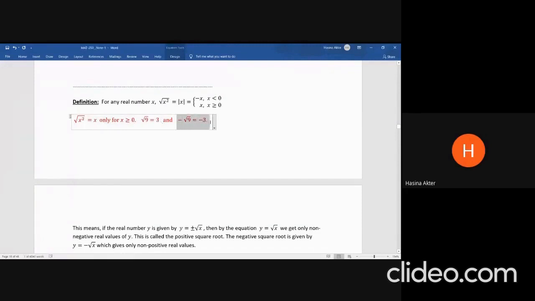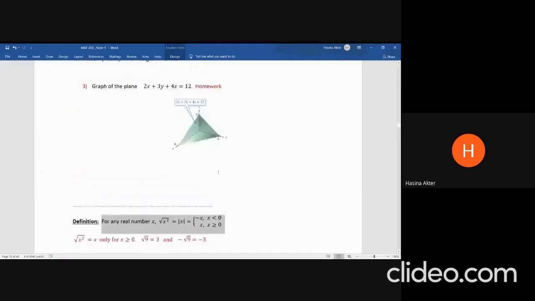We have discussed this before we started finding domain, right? Yes, miss. Okay. So this definition has already been given to your class, and the definitions of negative square root and positive square root are not new to us, are they?